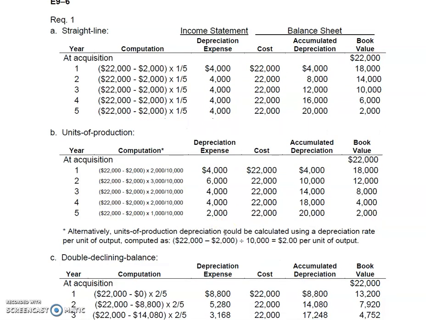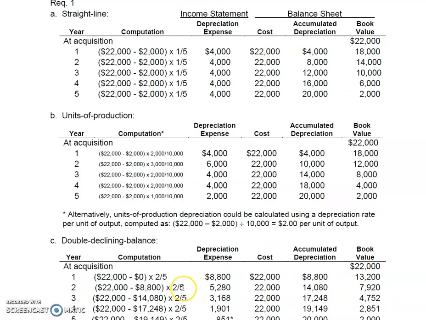Okay, now double declining balance. Our straight line rate is 20%, 1/5. So we're going to take 40%, or 2/5, times net book value each year. At the beginning of the first year, net book value is the cost, 22,000. So we're going to take 40% of that, 8,800.